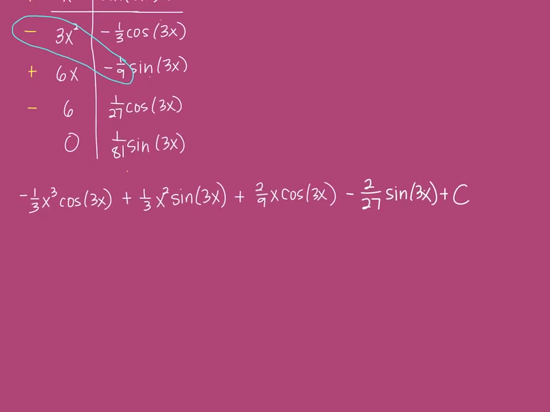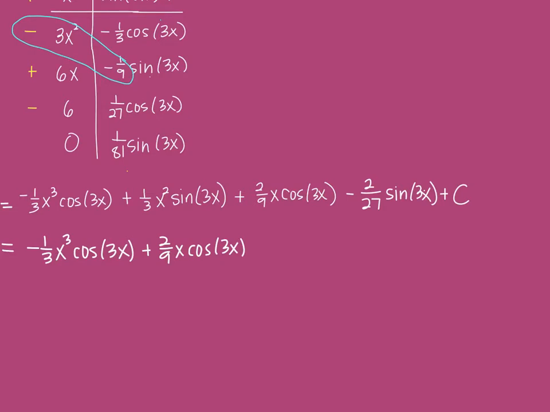And so it would be common to write this answer grouped according to the like terms of their trig values. And so you would maybe rearrange this and have negative 1/3 x cubed cos 3x, and then put the 2/9 x cos 3x next.